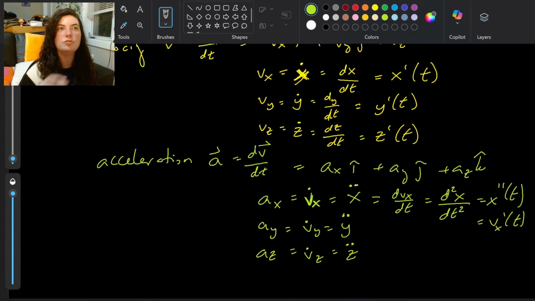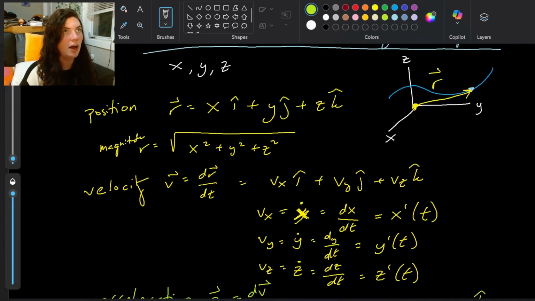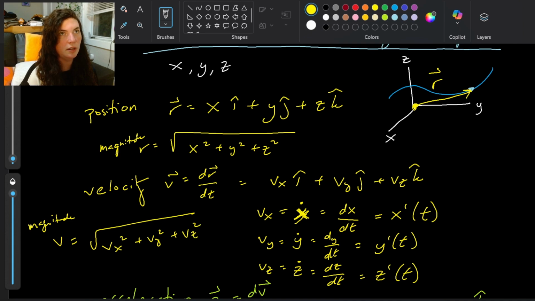Any of those, totally interchangeable. And much like our position, we can also find the magnitude of these velocities and these accelerations by square rooting the squares, right? So the magnitude of the velocity is going to be the square root of vx squared plus vy squared plus vz squared.